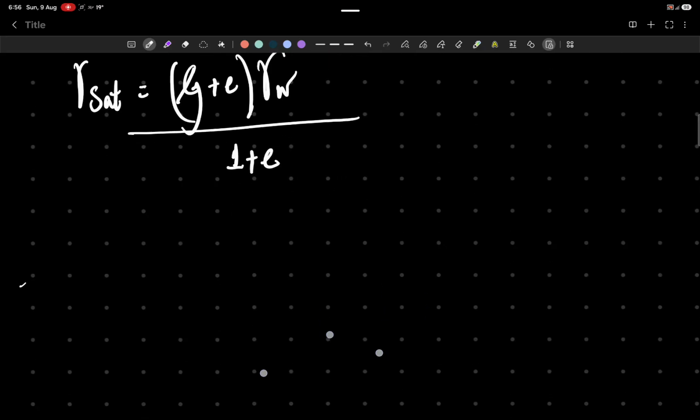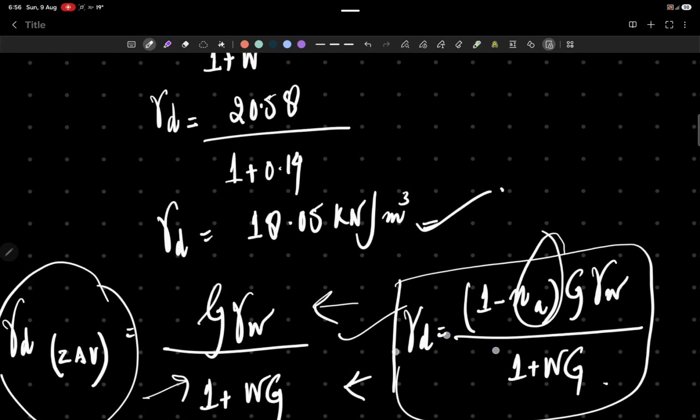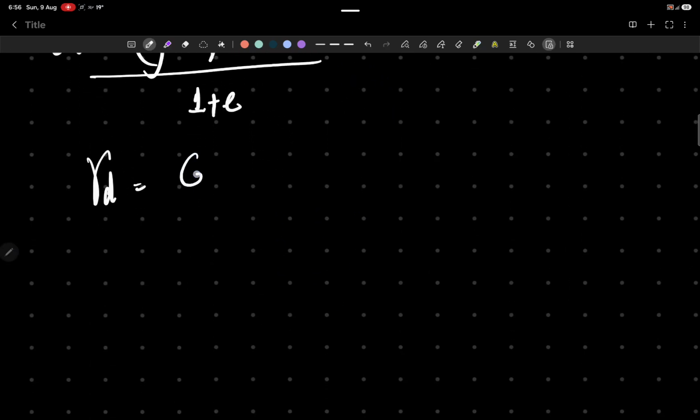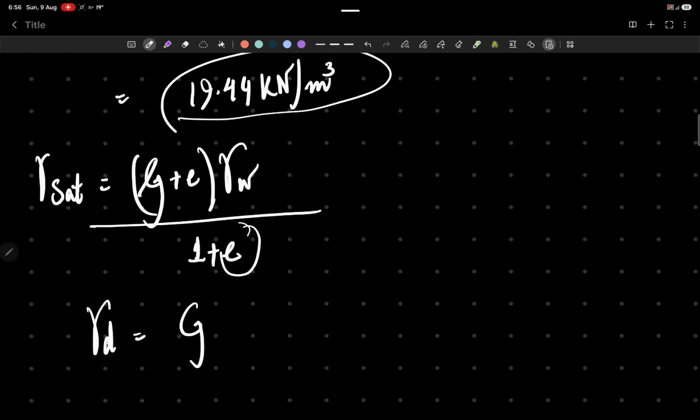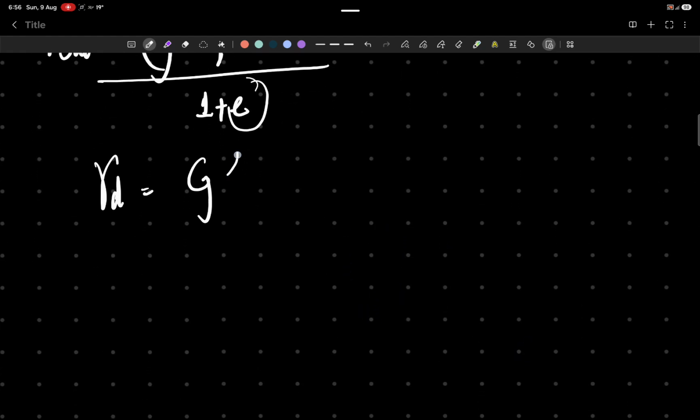Or before doing that, let me find the dry unit weight using this equation, so that I will be arriving at the void ratio. That's how I can find the saturated unit weight. So first we need to find the void ratio, that will be using this equation.